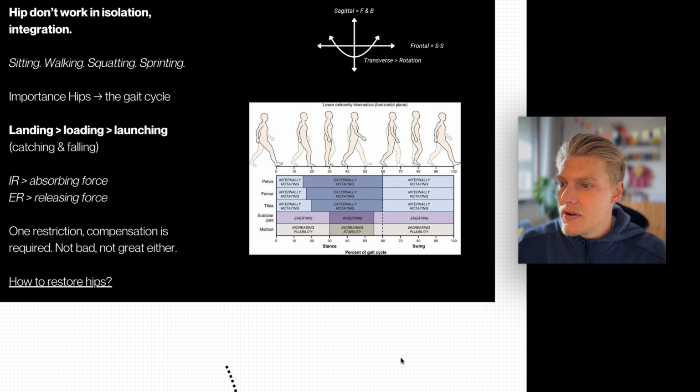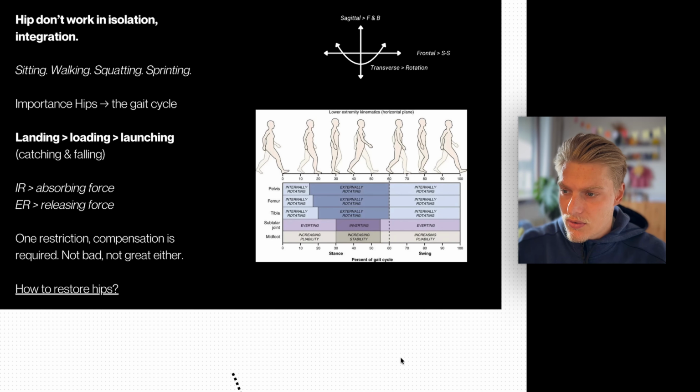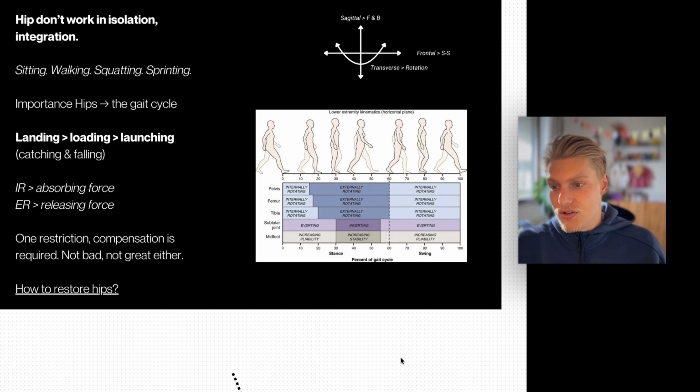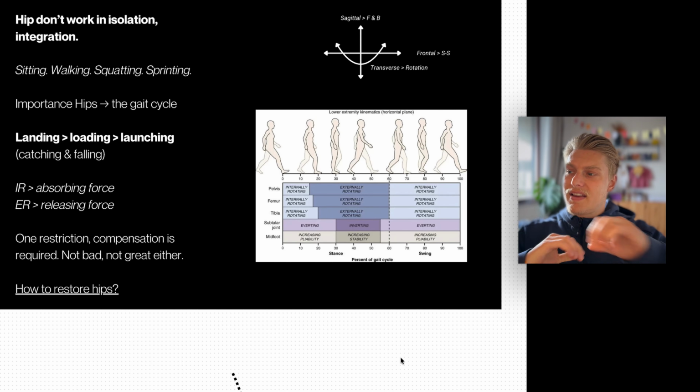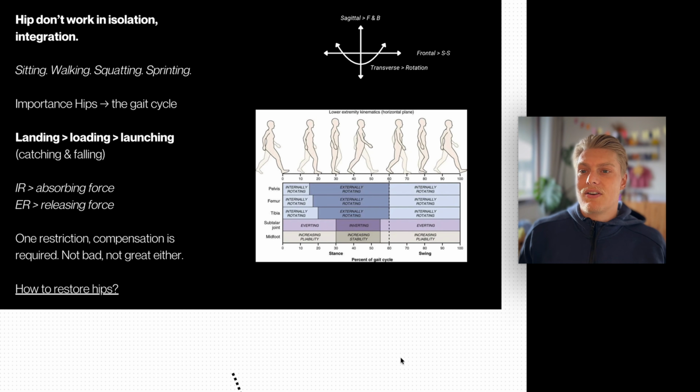The gait cycle is a representation of how we manage those forces that are coming in. And if you look closely and strip everything down, what the gait cycle actually shows us is that when we move, we are always falling.